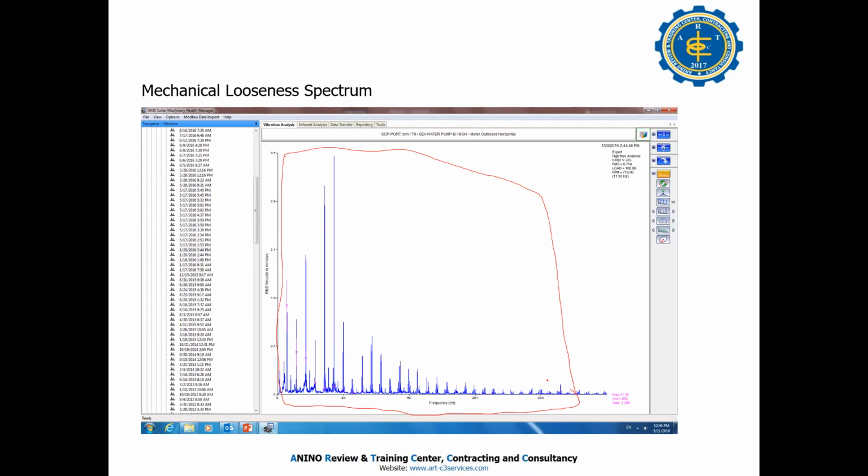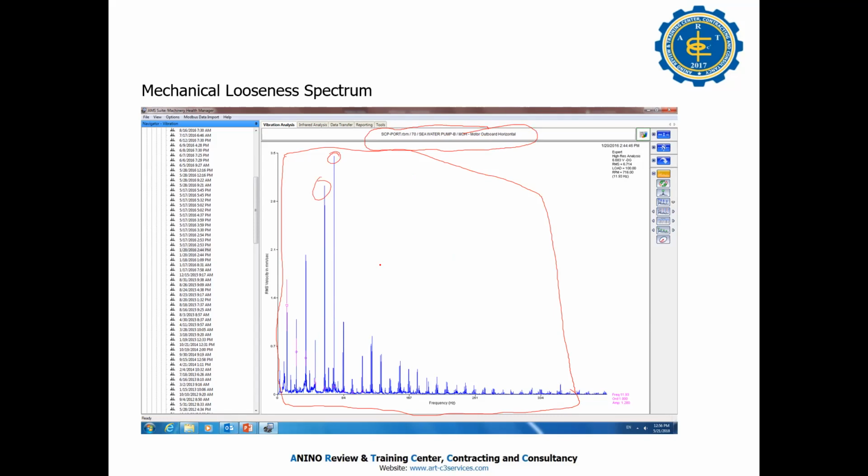How much is one? You can see 1, 2, 3, 4, 5, 6, 7. 7x, here. So this is a pump, right? So how to differentiate that?